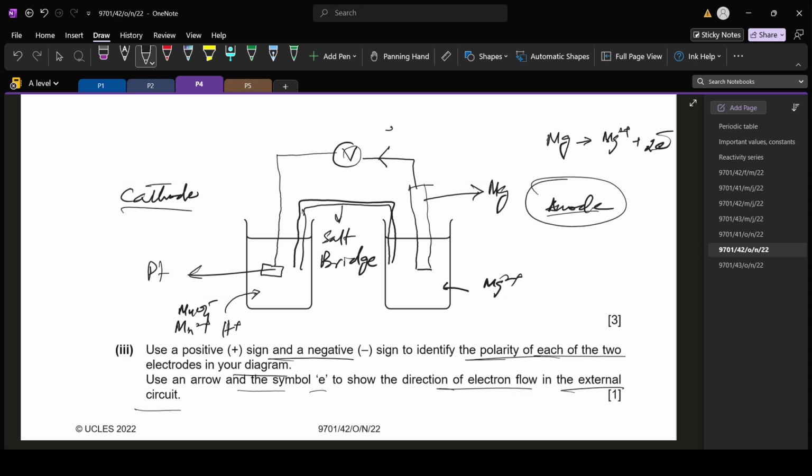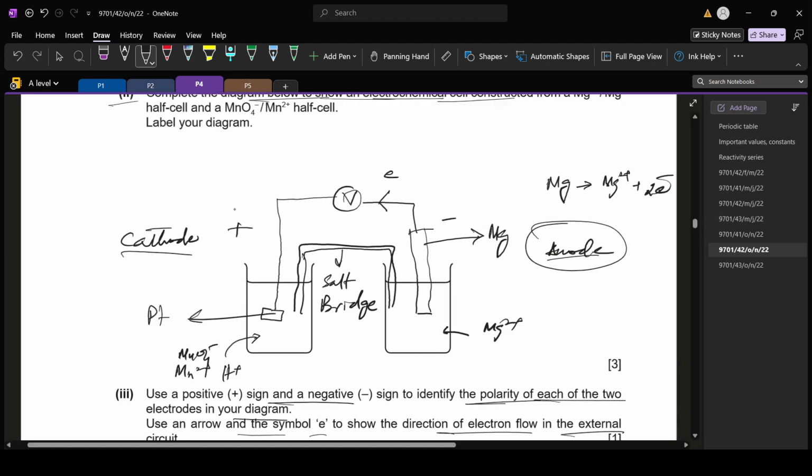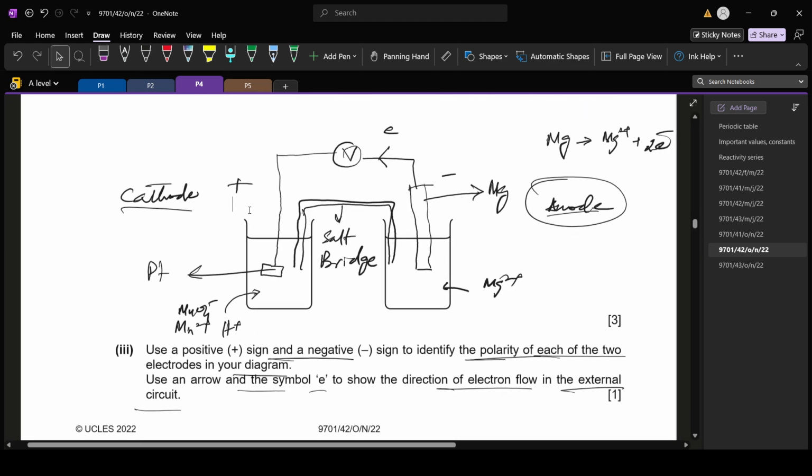The electron flow is from the magnesium to this MnO4 half cell, so this will be negative, because the electron flow is from the magnesium. And this will be the positively charged electrode. You can also remember that in electrochemical cells, the anode is negative and the cathode is positive. Reduction occurs at cathode and oxidation occurs at anode.